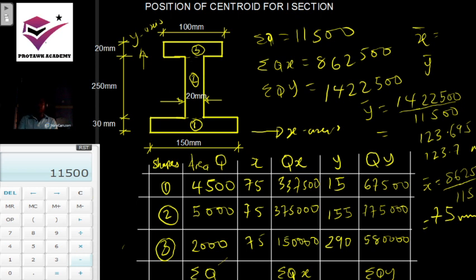From here to here, it means it's at the center along the x-axis, and along the y-axis it is from the base about 123.7 millimeter.